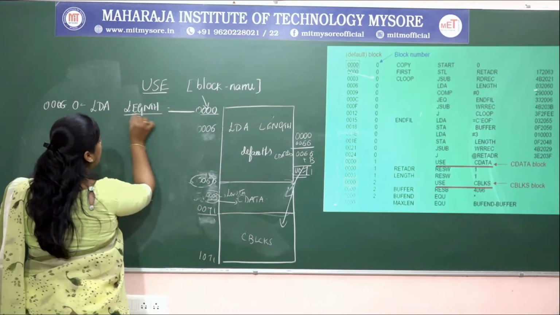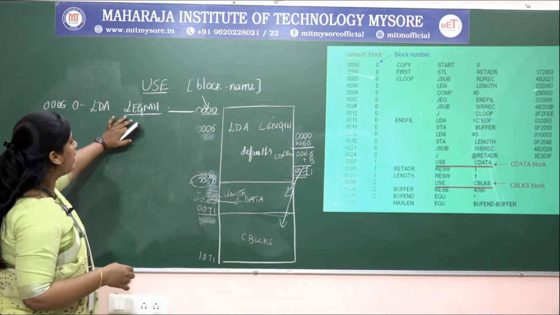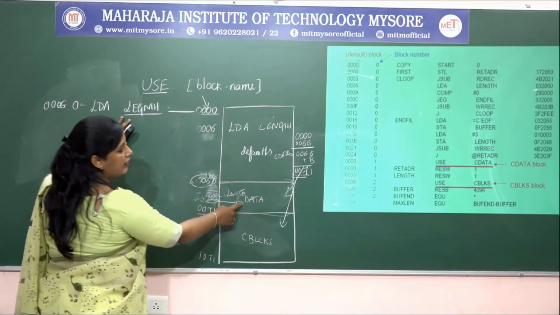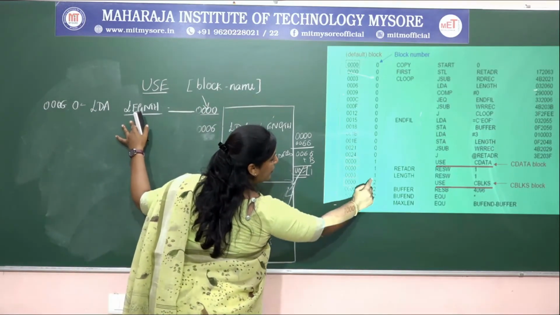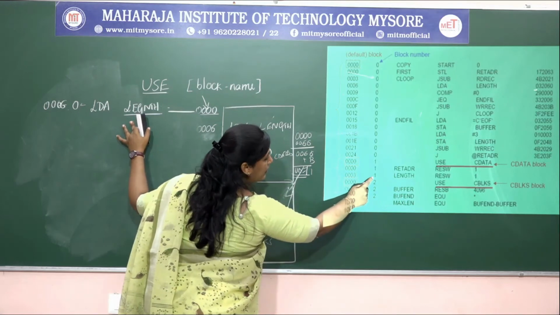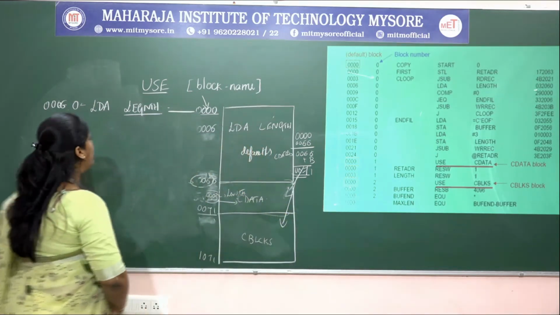Whatever length it is seeking is present in the C data, in the C block 1. Where is that length? In block number 1. What is the relative address for that one? It is 0003.